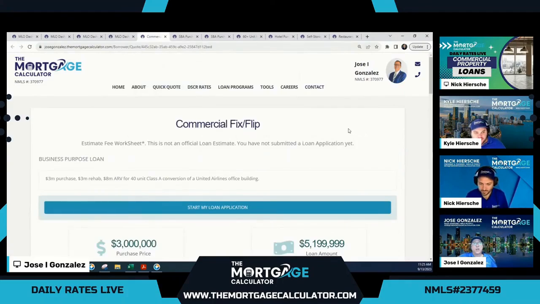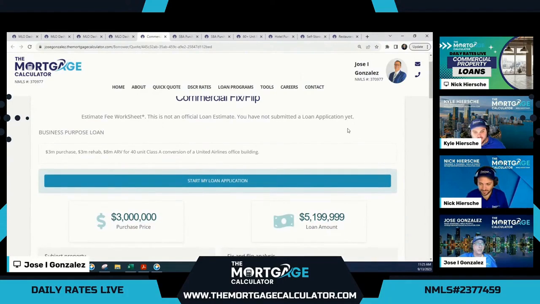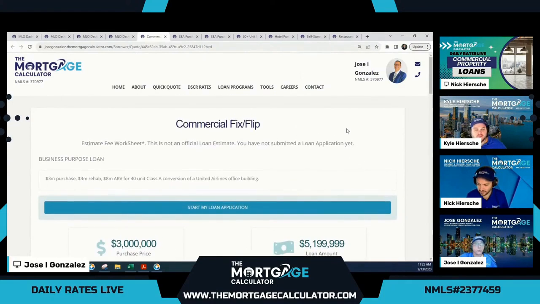Now, this is one really cool I wanted to throw out there. This really can show you how creative we can get with commercial loans. Now, this is a bridge loan, right? It's a commercial fix and flip, but this is a very interesting scenario. This is a 3 million property, and this is an actual quote that we sent to a customer for a deal they're trying to put together.